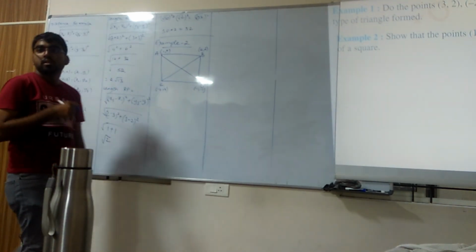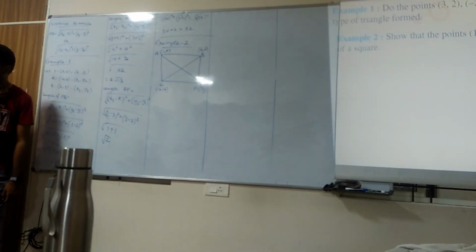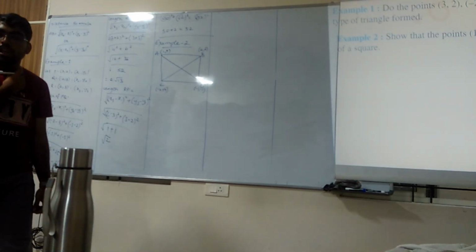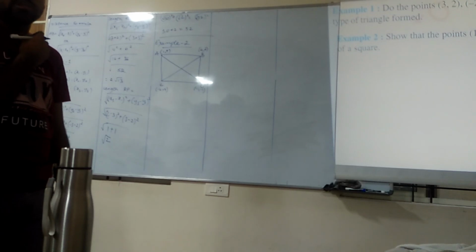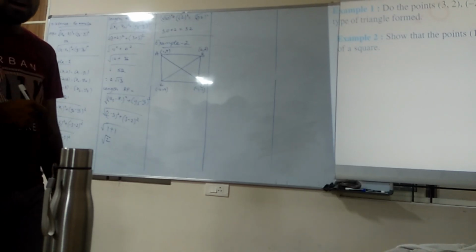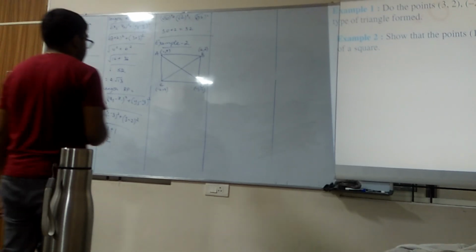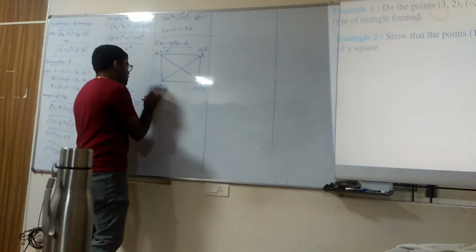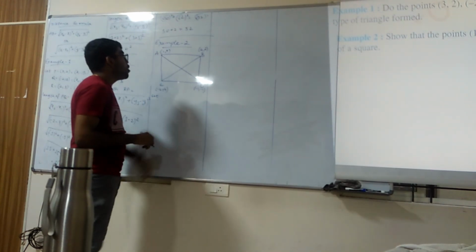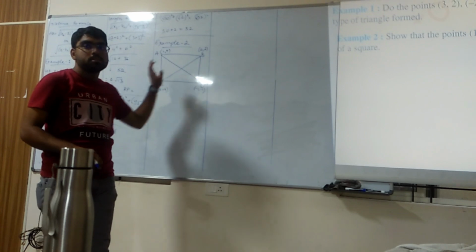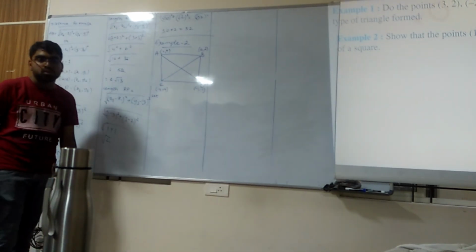Clear? Write it along with me. They have given it in a cyclic order. After this, write down a statement. Let point A be this much, B be this much, C be this much, D be this much.